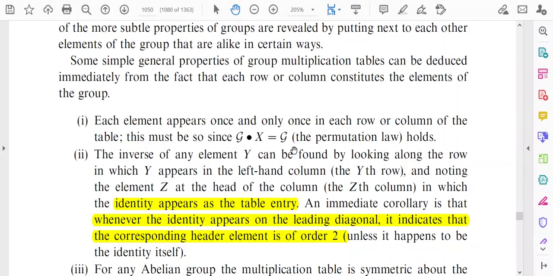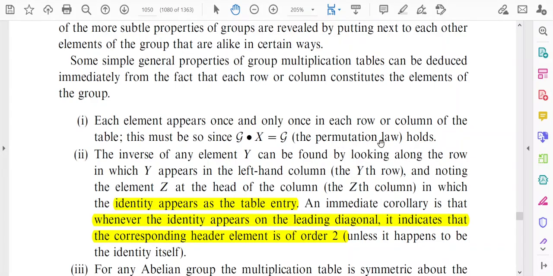G dot x is equal to g means that suppose x is any element from the group, and you have to multiply this element with all the elements of g. But g dot x is equal to g, we have already discussed this fact, and this law is known as the permutation law.